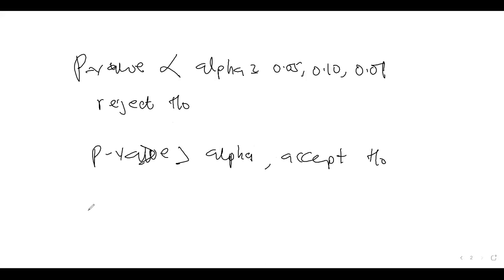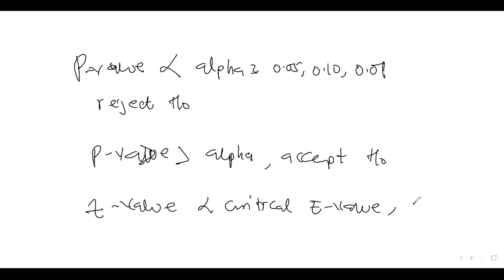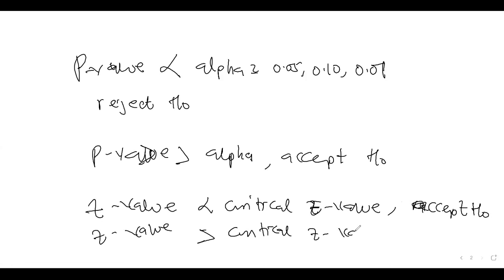Okay, that's for p-value. But when it comes to z-value, when your z-value is less than the critical z-value, accept the null hypothesis. And when your z-value is greater than the critical z-value, we reject the null hypothesis.